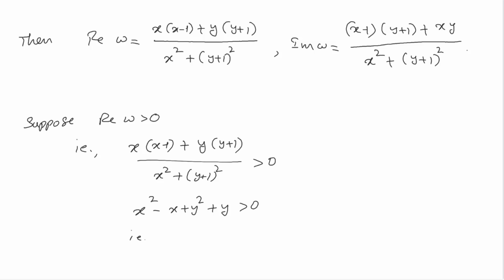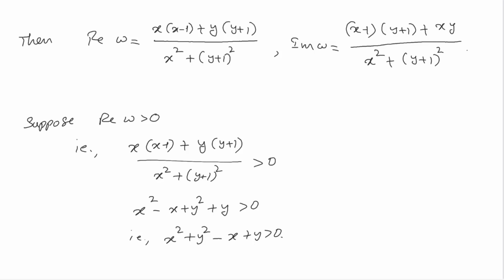That is, x square plus y square minus x plus y is greater than 0. This is the condition we derive when we assume real part of w is greater than 0.